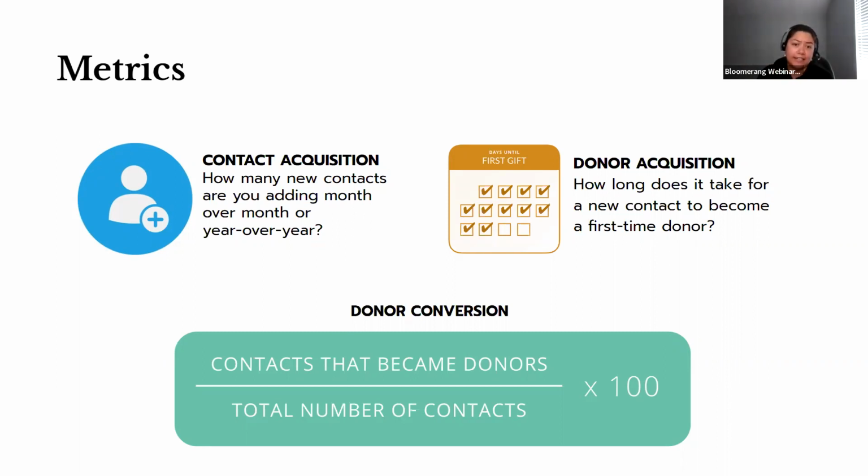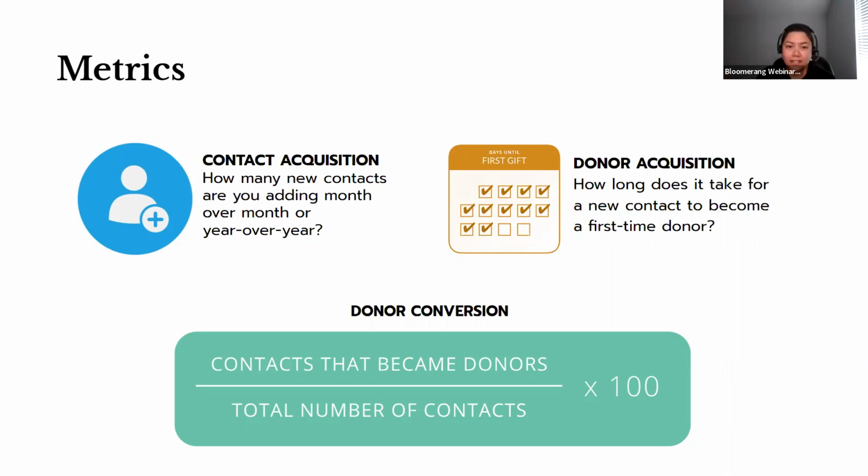Also take a look at, on the donor acquisition side, how long does it take for a new contact to become a first-time donor? Is it a month, 6 months, a year? Again, knowing where you are now helps you set realistic goals of where you want to be. For example, if right now it takes about 6 months for a new contact to become our first-time donor, do you want to bring that number down?